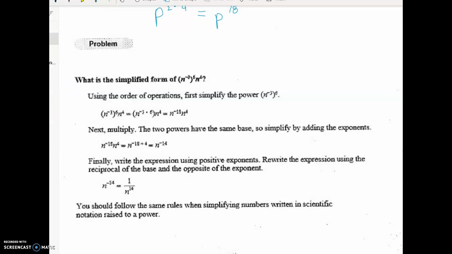So let's think of this as step number 1. We're going to be using the order of operations. So first, we're going to do the power raised to the power. So we're going to take that -3 and multiply it with the 6. So that would leave us with n to the -18th power, and then multiplied by n to the 4th power.